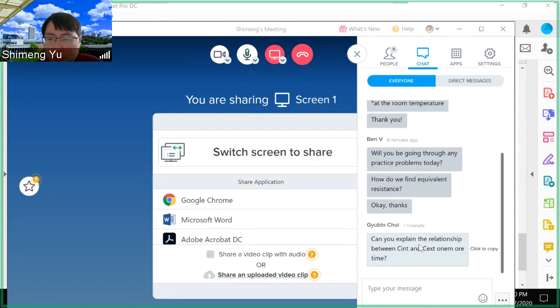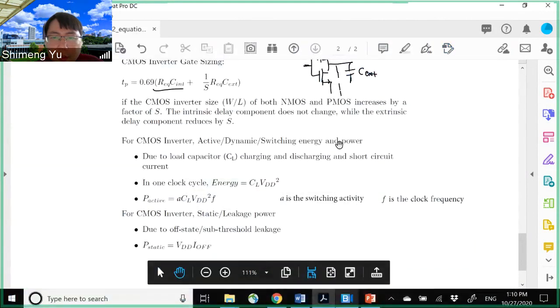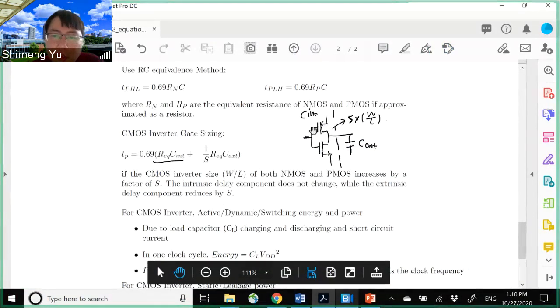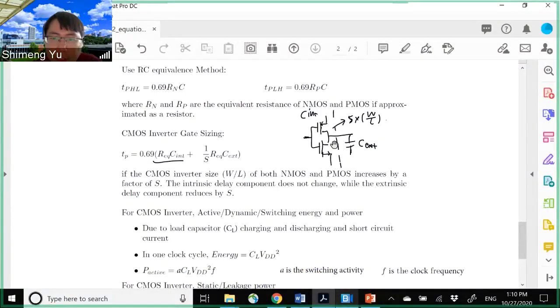Can you explain the relationship between the C intrinsic and C extrinsic one more time? Yes. In a configuration like this, the capacitance for this node includes the intrinsic capacitance from the first inverter. Actually, we have many capacitances here.